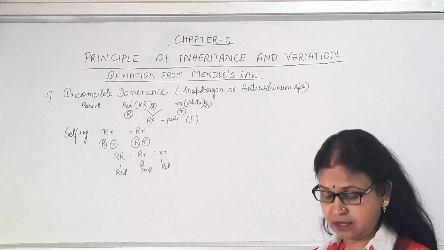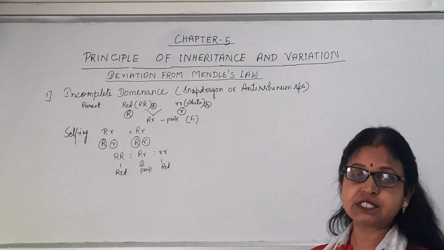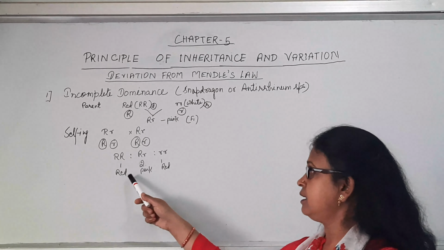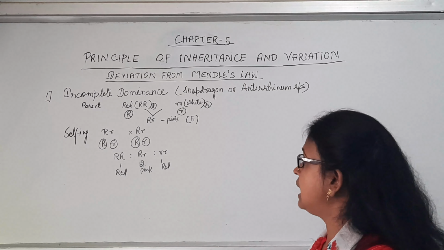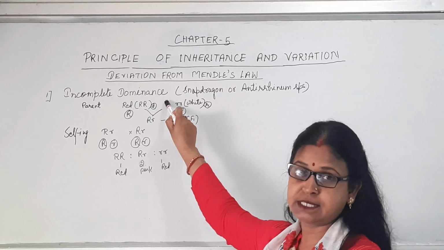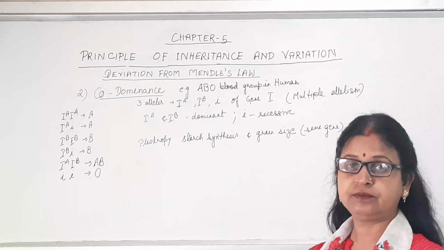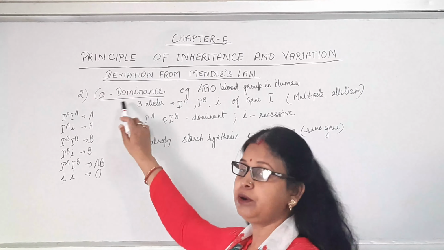But earlier we have seen that in the law of dominance the phenotypic ratio was 3:1, but here the ratio is 1:2:1. In this way we can see that this is showing incomplete dominance and it is not obeying Mendel's first law.